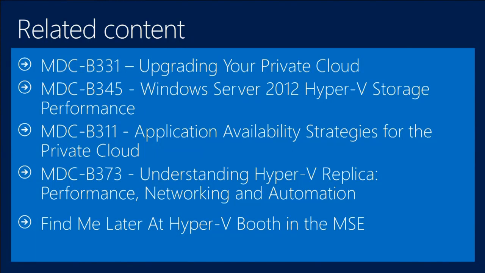So questions? Using the same RDP port, or you use the VM Connect port? So the question is, with the enhanced VM Connect mode, are we using the same RDP port or are we using a different port?